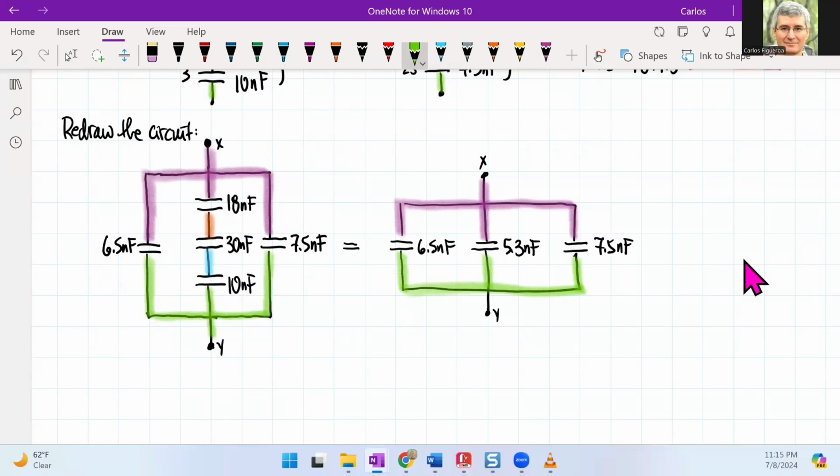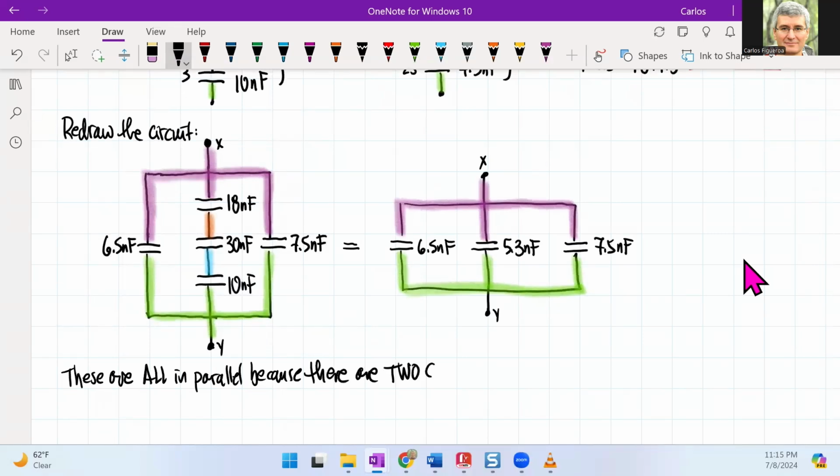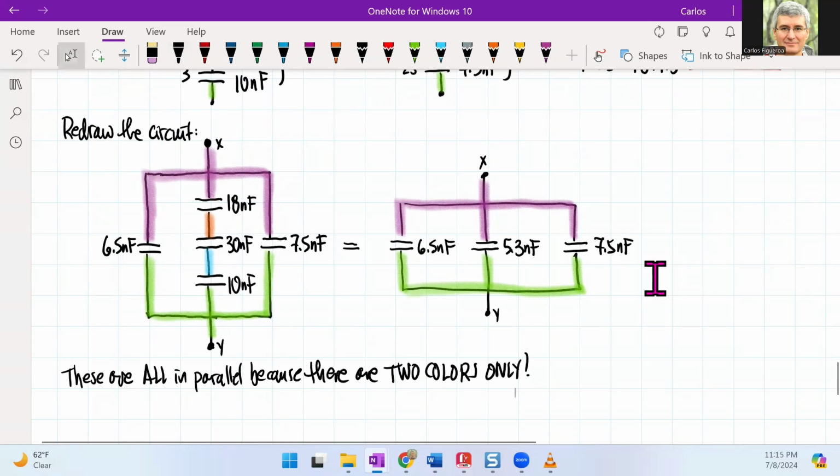These are all in parallel. Because they're all in parallel, I could just add them. These are all in parallel because there are two colors only. That's the definition of parallel.